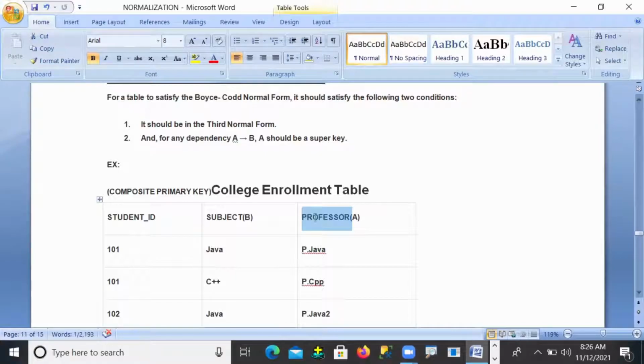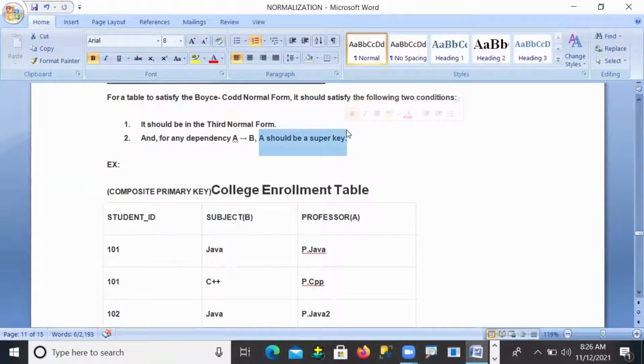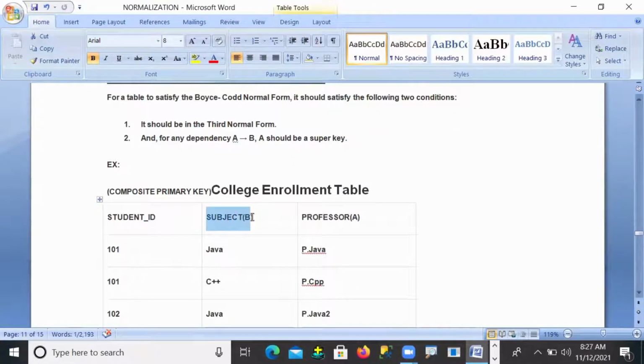But this non-super key depends on a super key. Professor is a non-super key, depending on subject. But subject is a primary key column. As per the Boyce-Codd normalization technique, if A depends on B, A must be a super key. So professor is A, and A was depending on subject B. That means A must be a super key now.